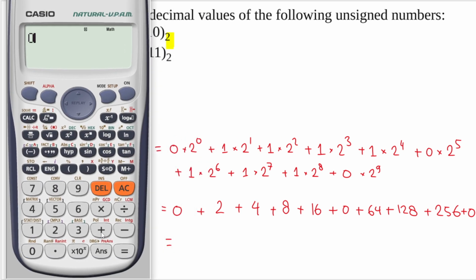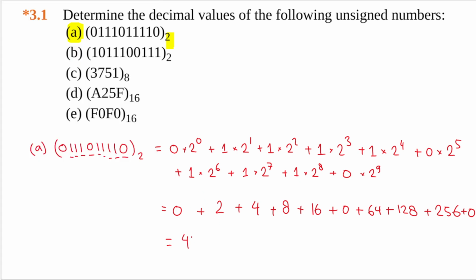So we'll have 0 plus 2 plus 4 plus 8 plus 16, then plus 0 plus 64 plus 128, and then plus 256. Okay, we'll have 478. This is the answer for problem A. Let's write that here. 478. Good. Now let's move on to problem B.